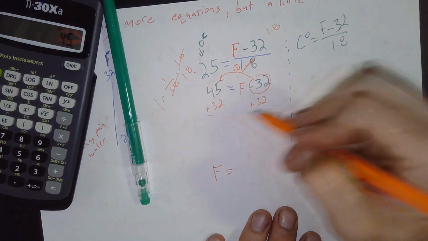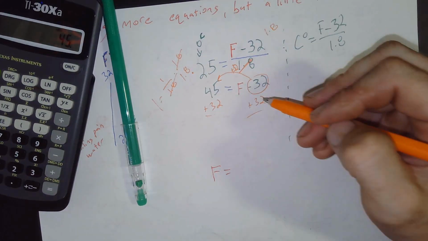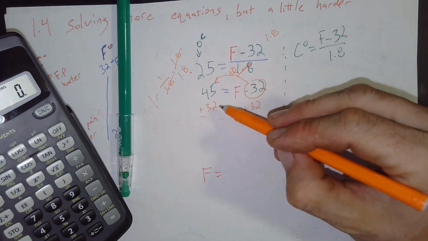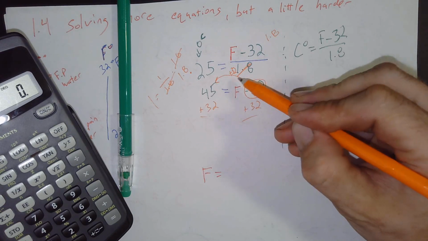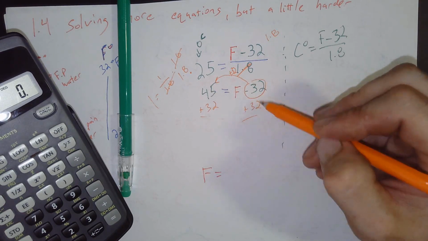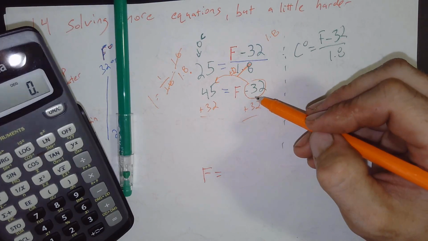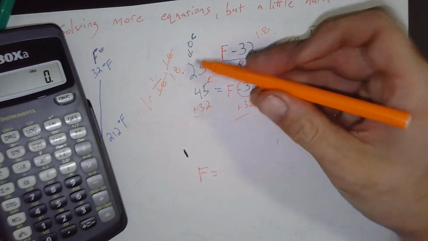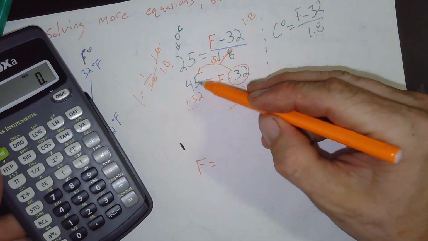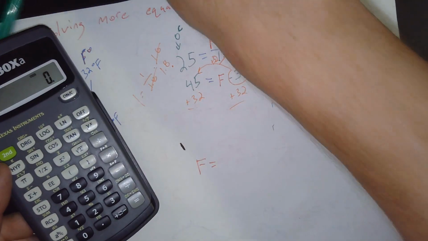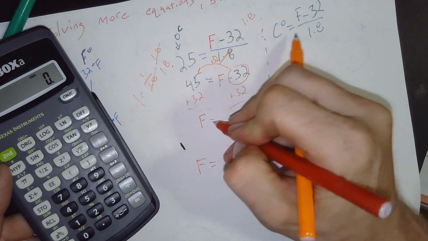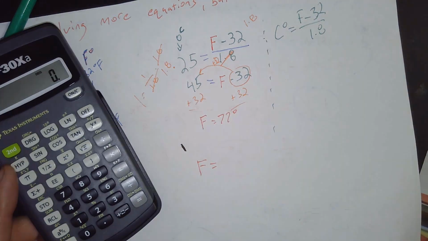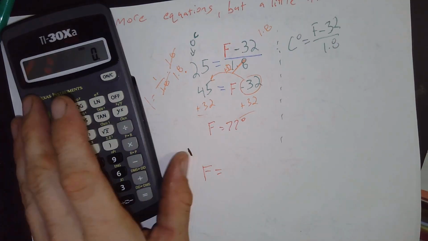Either way, I get 45 plus 32, because when it changes the side of the equation, it has to flip signs in order to keep the equation balanced. Either way, 45 plus 32 is 77. So the temperature at 25 degrees Celsius is 77 degrees Fahrenheit. So that is that one.